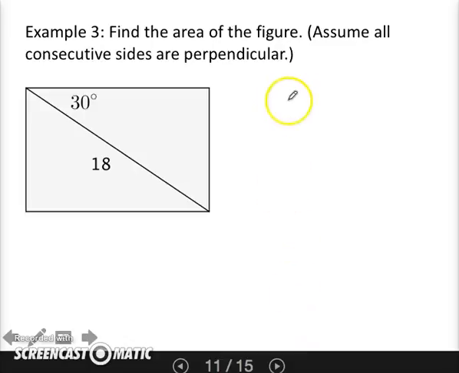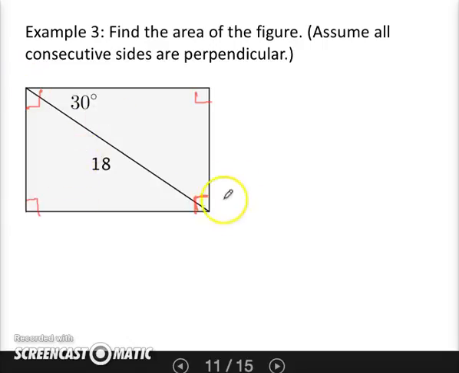Okay, another example here is going to tie together some ideas that we've had recently. We're asked to find the area of this figure, assuming all consecutive sides are perpendicular, meaning this is a rectangle, so that shouldn't be too difficult, except they are not giving us the base or the height of this rectangle.